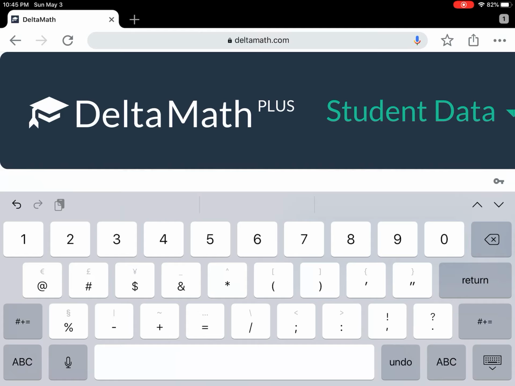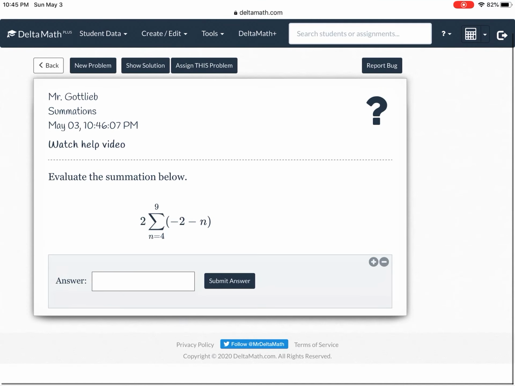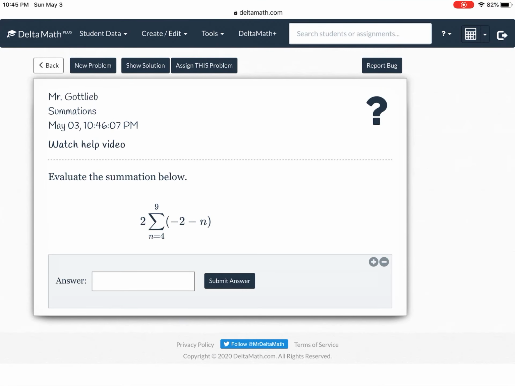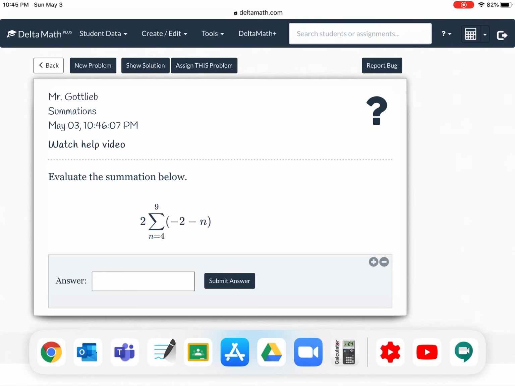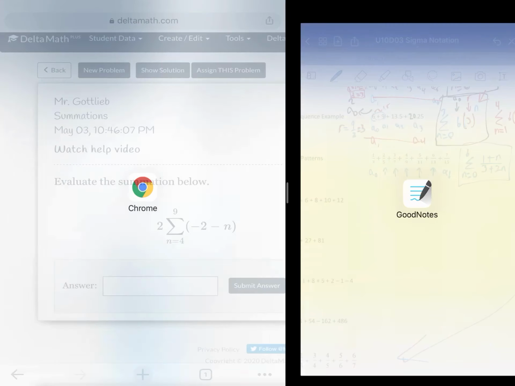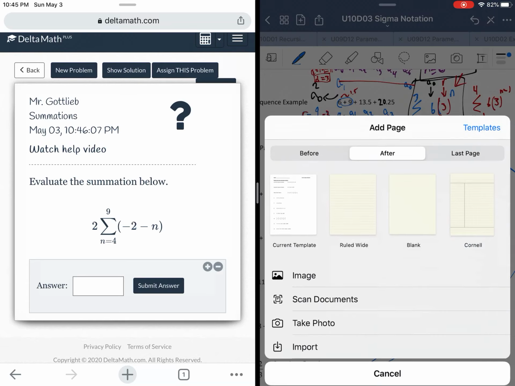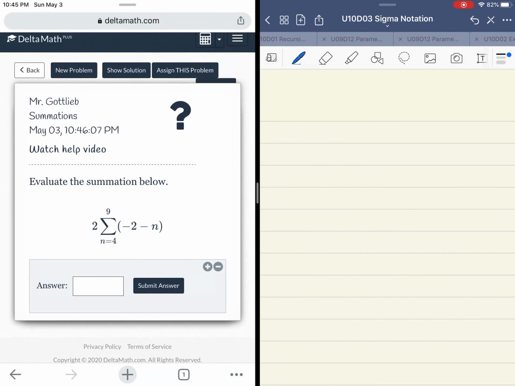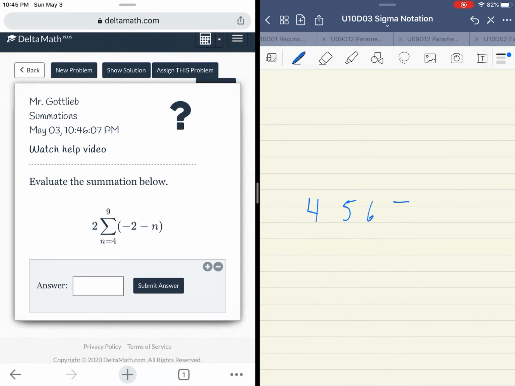I think I shouldn't have zoomed in so much. The problem asks us to evaluate, let me just open a blank page. So we're asked to evaluate the sum of the rule -2 minus n for n from 4 through 9. So 4, 5, 6, 7, 8, 9.